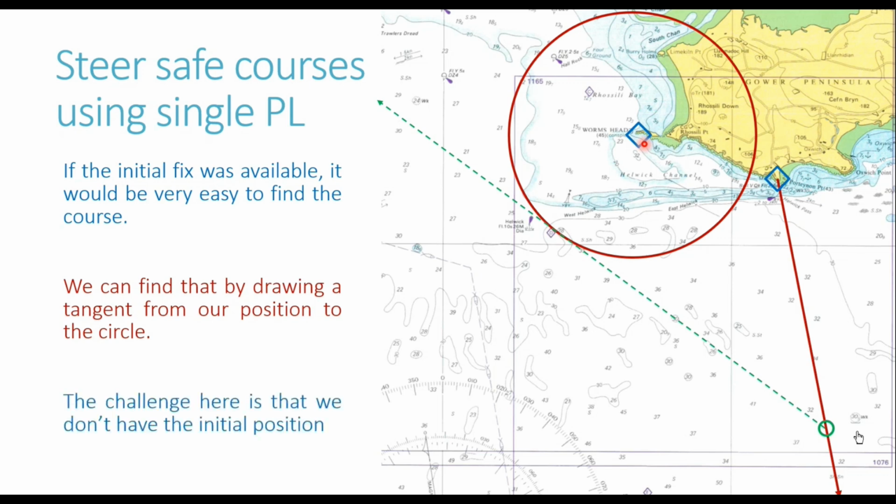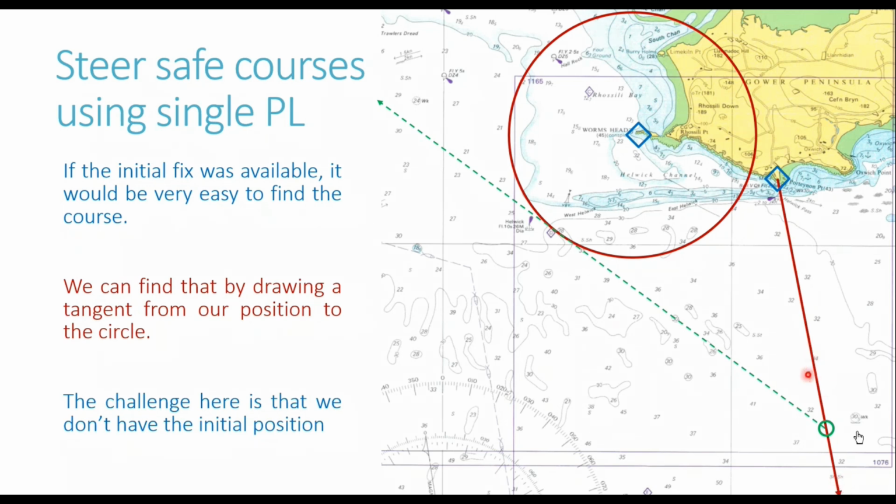But the challenge here is that we do not have the initial position given to us. What we have is this PL, and our position can be anywhere on this position line. Now, depending upon where our position is, the course is going to differ.